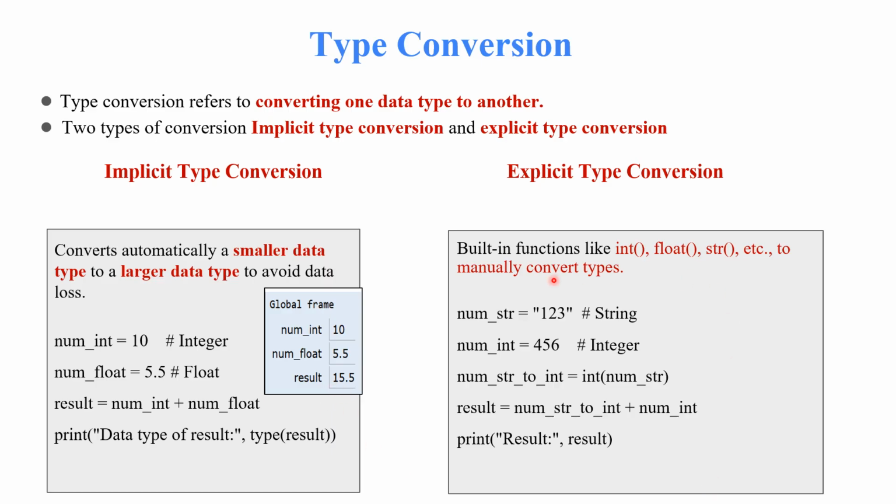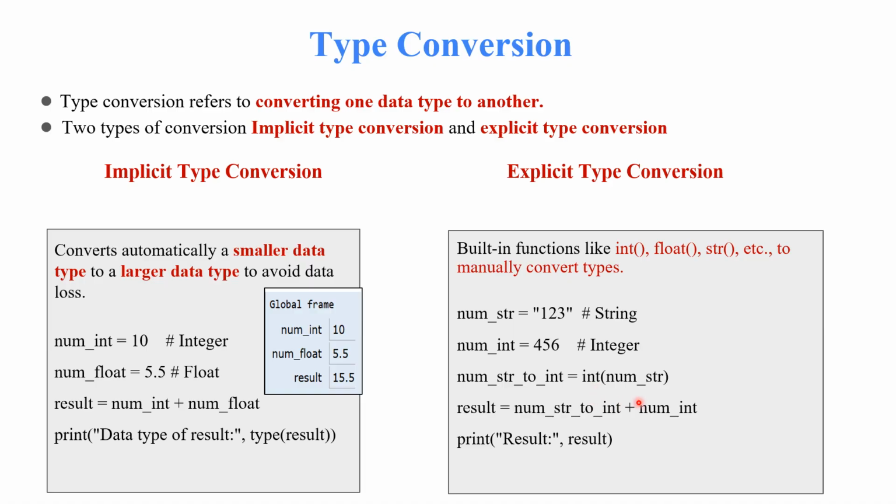Now we'll talk about explicit type conversion, meaning I'm going to set the data type before I manipulate it. You can use the corresponding functions to convert it. Now I have a string "123" and an integer 456. I want to convert this string to an integer, so I use the int function.